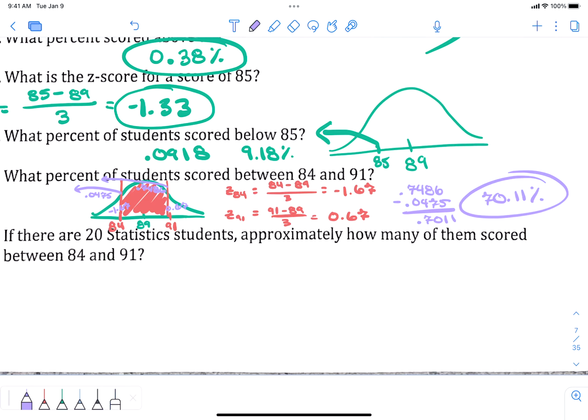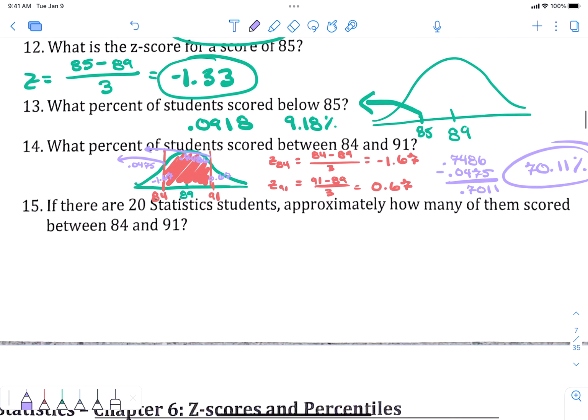Now, this next question is branching off of that. If there are 20 students in class, that's like saying n is 20. How many of those students scored between an 84 and a 91? We're using the same numbers as in the question above.